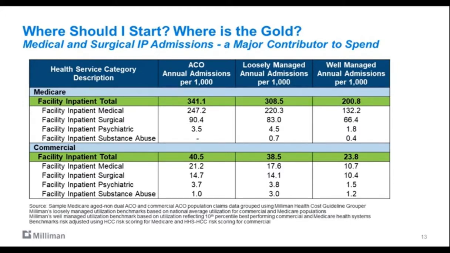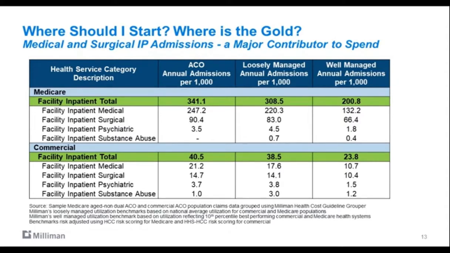Loosely managed is national average. Well-managed is 10th percentile best performing. And these benchmarks have been adjusted for the underlying demographics of the ACO population. So they represent what a population that has the same demographics and chronic comorbidities would utilize in a given year.